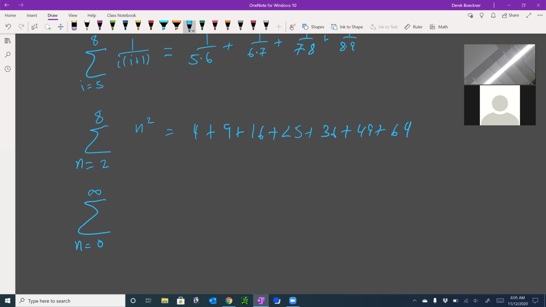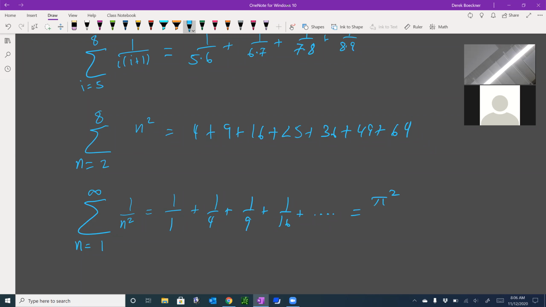I can have an infinite top bound. Let's go 1 over n squared. Sorry, I better start at 1 if I'm going to go from n squared. So I can go 1 over 1 squared plus 1 over 2 squared plus 1 over 3 squared plus 1 over 4 squared plus, and this just keeps going forever. I keep adding smaller and smaller things.